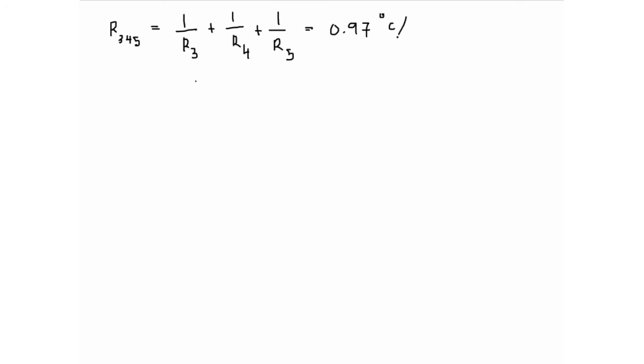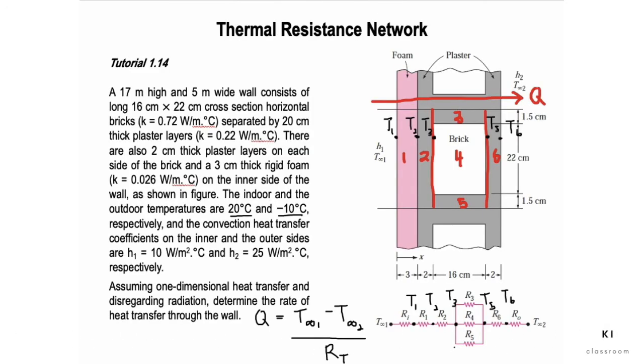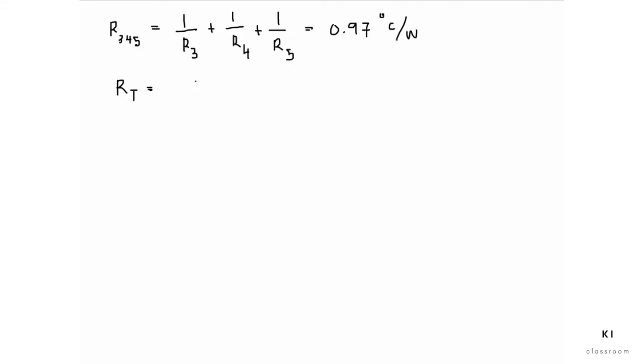Okay, you are familiar with this, right? So next, we determine the R total. So it means R total is R inner, R1 plus R2 plus R345 plus R6 and plus R outer.